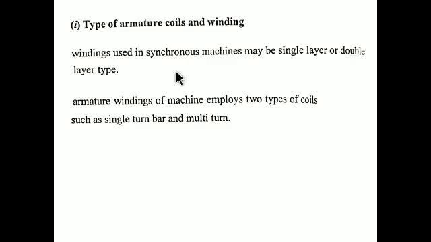In the armature winding, two types of coils are used: a single turn bar or a multi-turn bar. With this setup, we design a stator with a proper value of armature coil and armature winding.